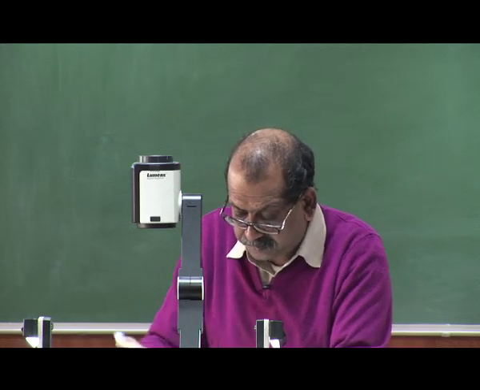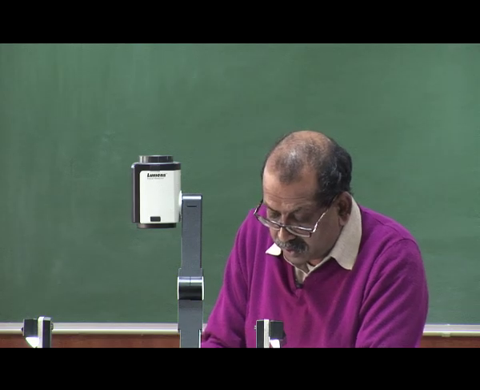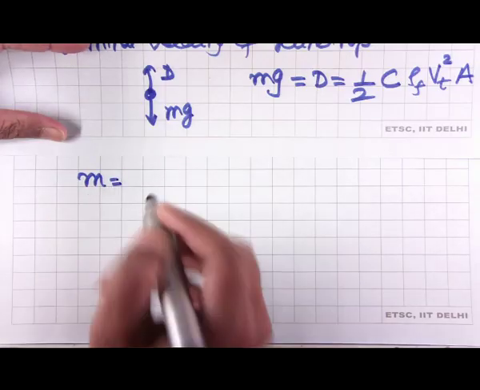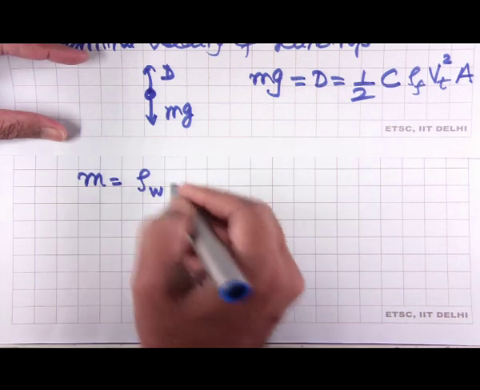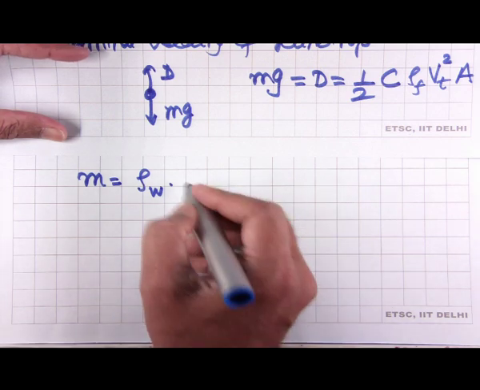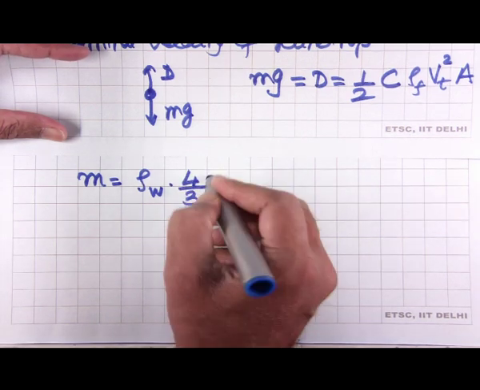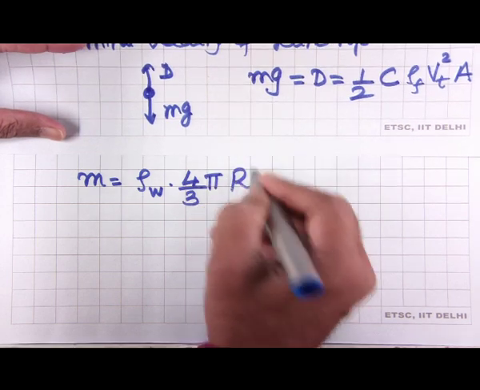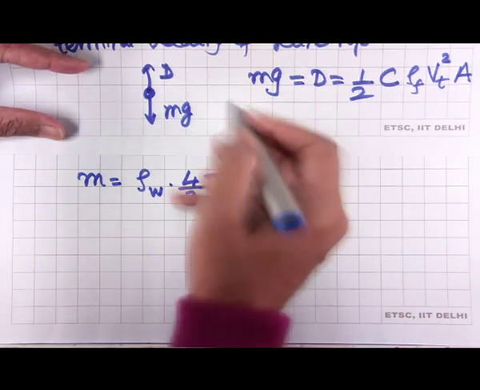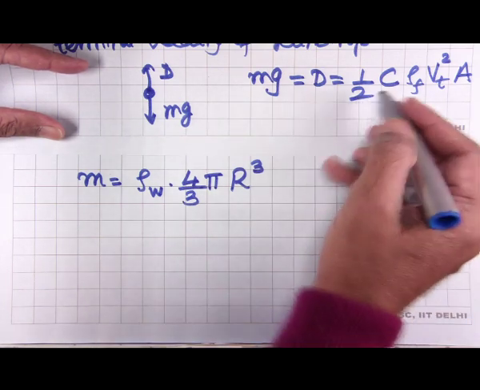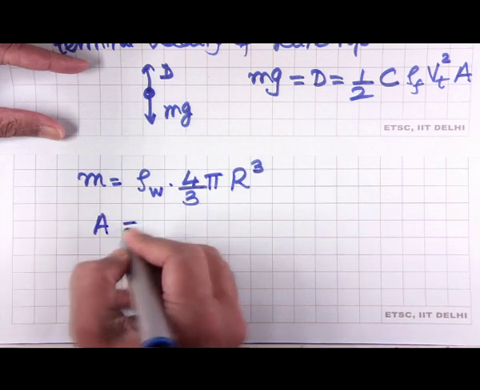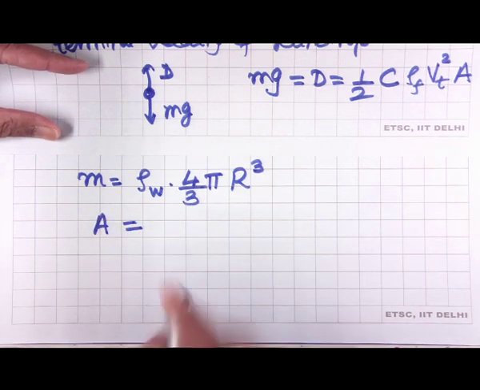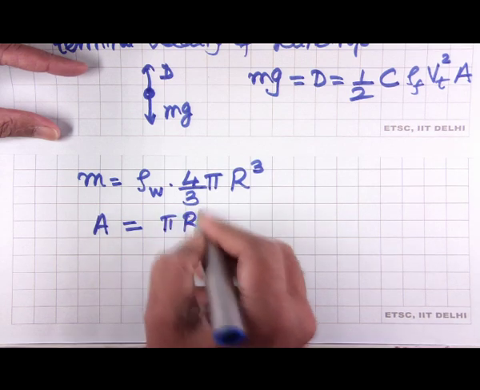The m is equal to rho of water, the density of water, times the volume of the drop. Volume of the drop will be 4 by 3 pi r cube. Mg is equal to half C, rho f, and the area A, which will be equal to pi r square.